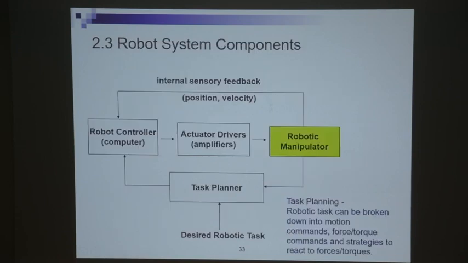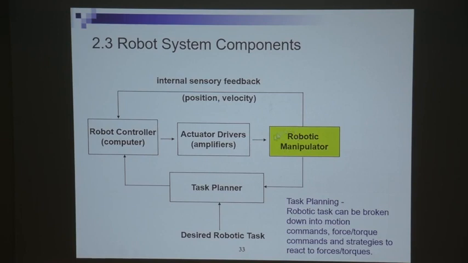Then we come to the robot system components. From this overview diagram, this is the robot manipulator that we have been talking about. We are getting close to the design of the robot, which is the physical part of the robot system.